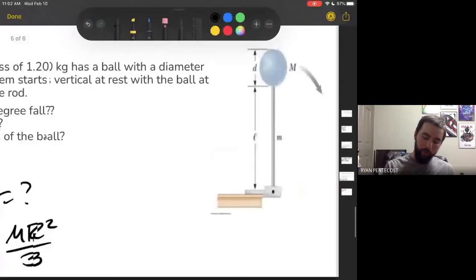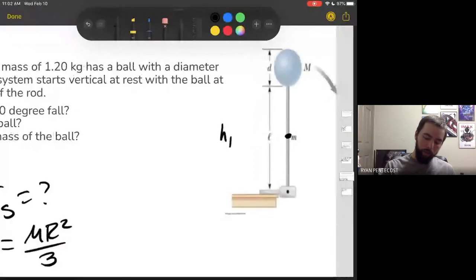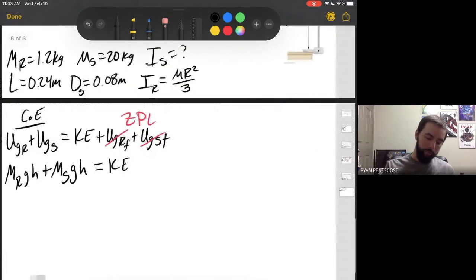So for the rod, its center of mass is right here. So that H for the rod would be L over 2. But for the ball on the end, for the sphere, that height would be the full length of the rod plus the radius. So you'll have L plus R for the ball. We'll have to divide that diameter by 2 to use that.